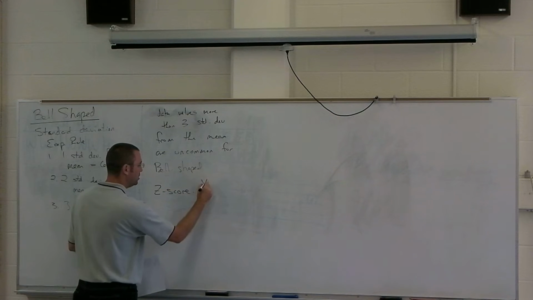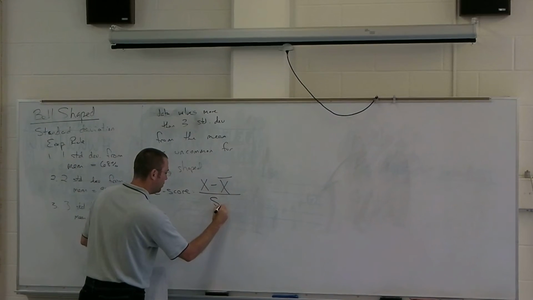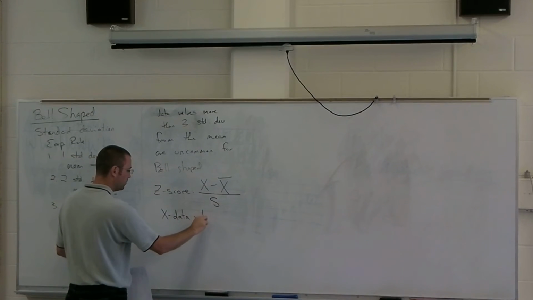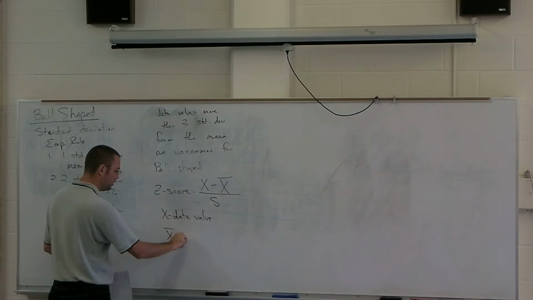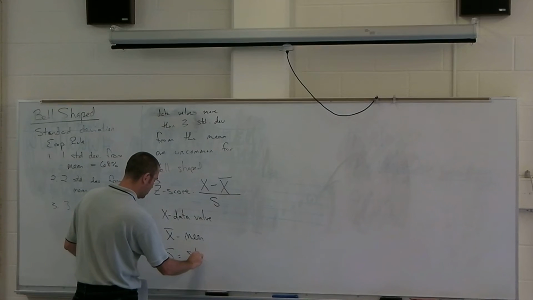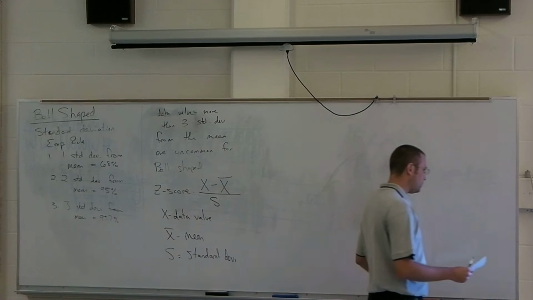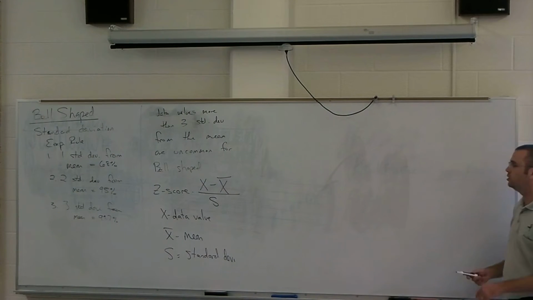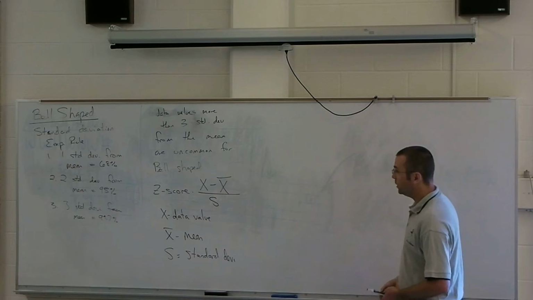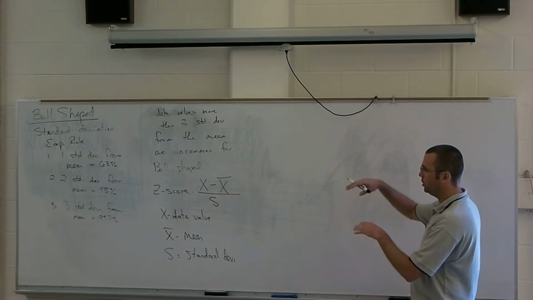The formula for z-scores looks like x minus x bar divided by s, where x is our data value, x bar obviously is our mean, and s is our standard deviation. Okay. So in statistical language, using these z-scores is a useful tool to identify uncommon or strange data values when we have nice bell-shaped distributions.